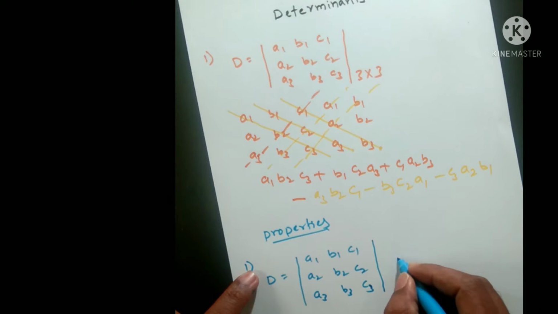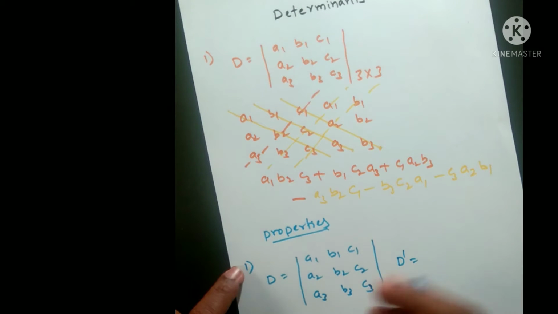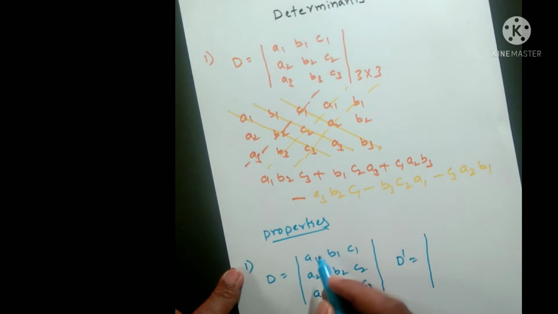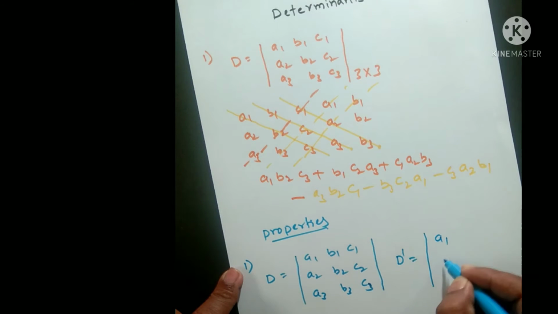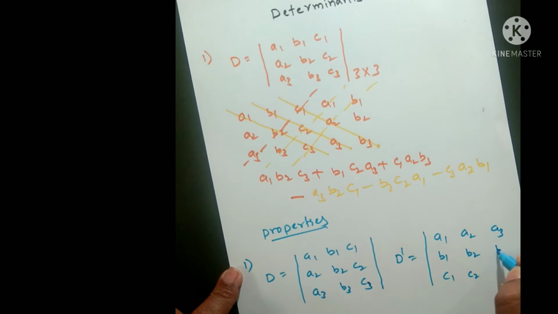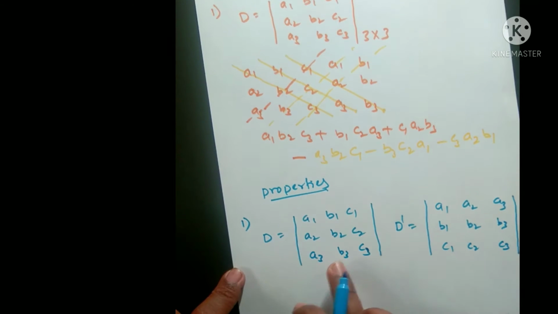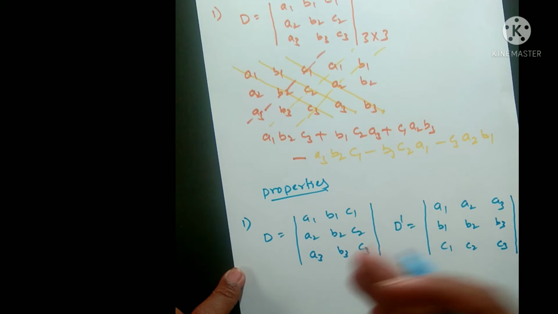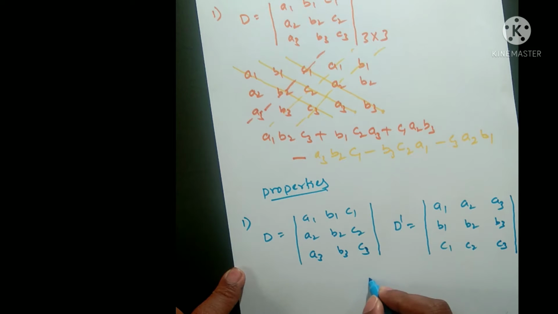If rows and columns are interchanged, we call it the transpose: the first row becomes the first column, and so on. The value of these two determinants is the same. That is, D transpose is equal to D.